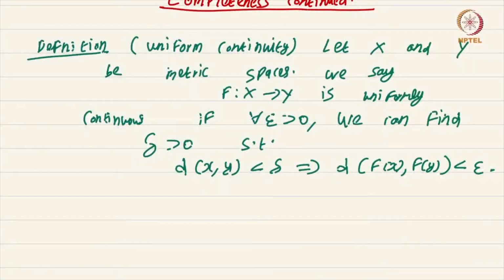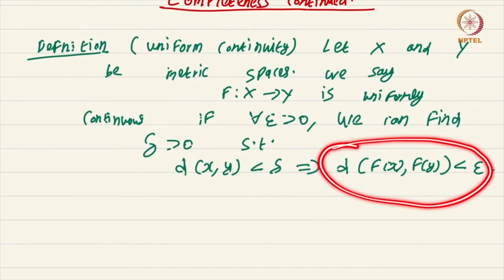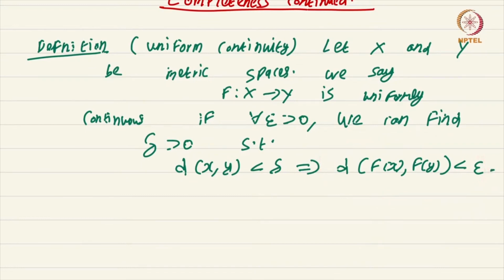So whenever x and y are suitably close, you must immediately have f(x) and f(y) suitably close as well. So the choice of delta is a function of only epsilon and is independent of the choice of point.